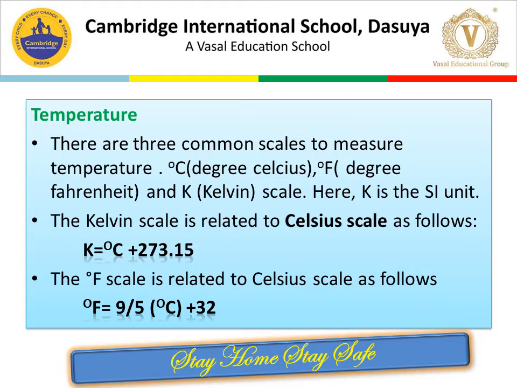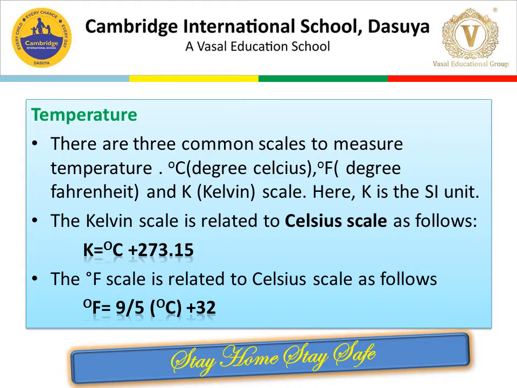Now, how are they related to one another? The Kelvin scale is related to the Celsius scale as follows: K equals degree Celsius plus 273.15. That is the precise value. Normally for our calculation we may use 273 only. Now, for example, if we have 0 degrees Celsius, then on the Kelvin scale it becomes 273 Kelvin.